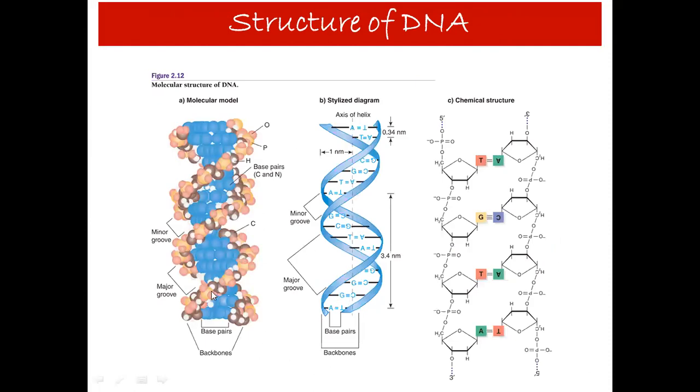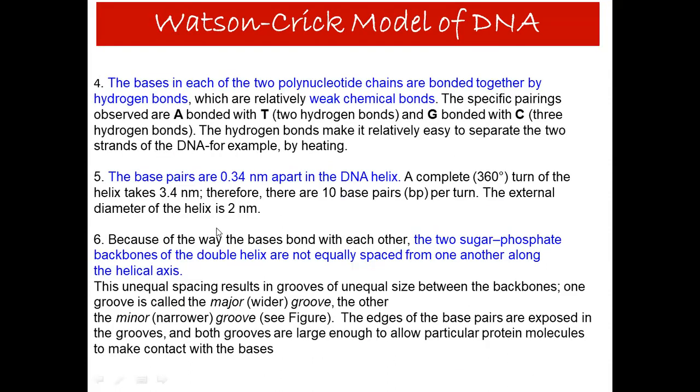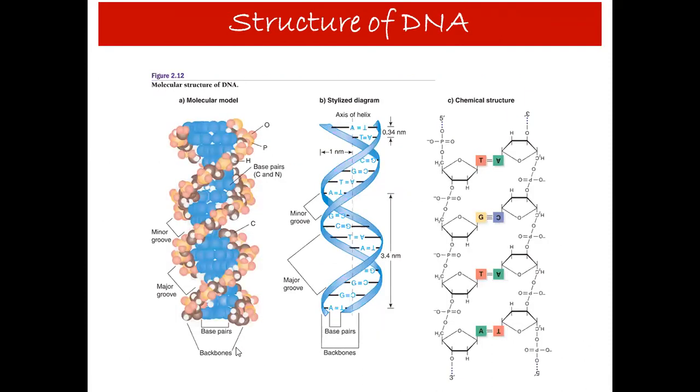You can see from here, this is the major groove, and here you can see the minor groove. The edges of the base pairs are exposed in the grooves, and both grooves are large enough to allow particular protein molecules to make contacts with the bases.